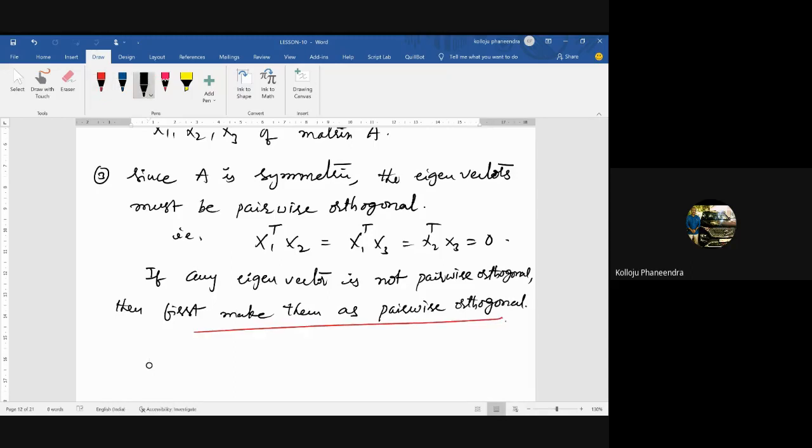After this only, normalize each eigenvector.